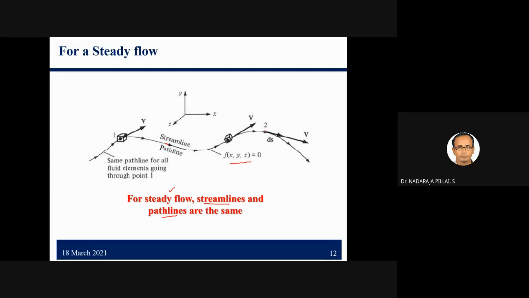Let ds be a small element in the streamline, and the velocity here is v. V is parallel to the streamline and parallel to ds. ds is the element of the streamline and v is the velocity, and v and ds are parallel.